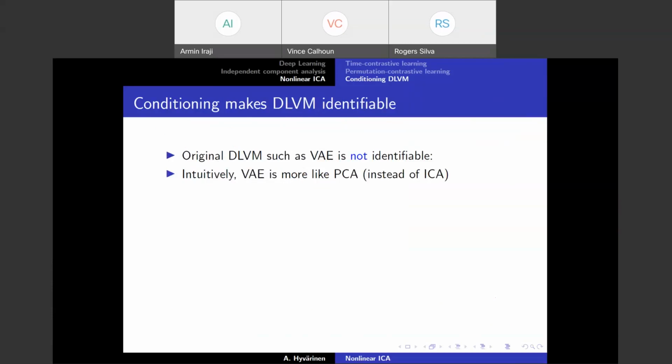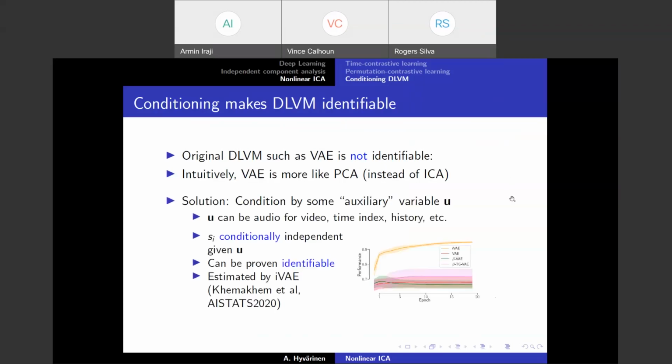What it is doing is a nonlinear dimension reduction, but it is not doing ICA. It doesn't actually find the original independent components, separate sources or anything like that, because it's not identifiable. But okay, so what we do, next please. What we do in order to make VAE identifiable is to use this idea of some conditioning variable like the audio for video or history for time series.